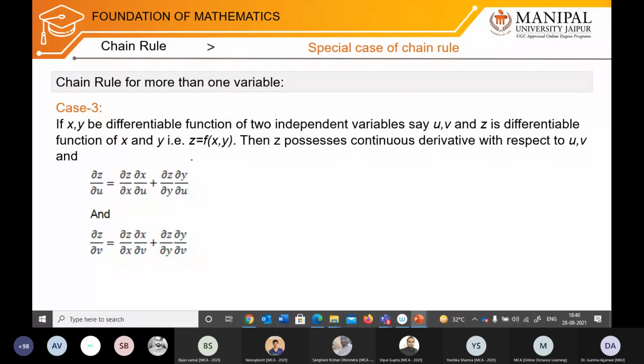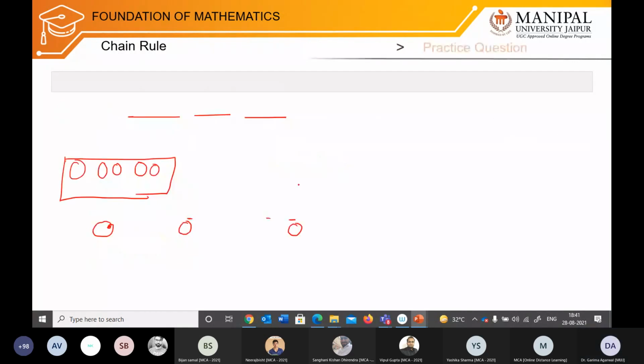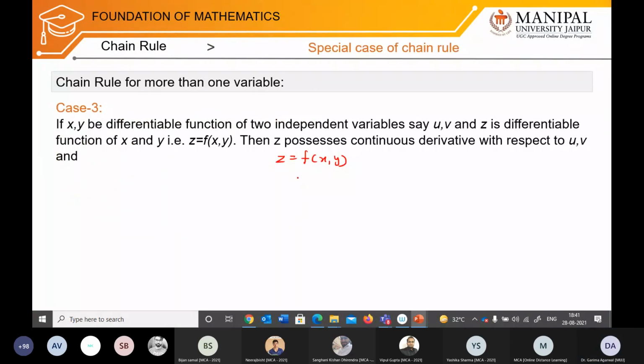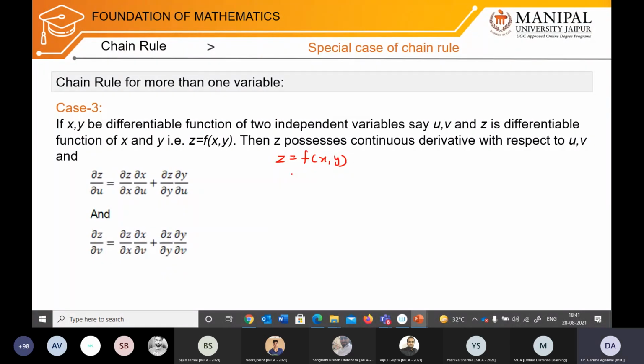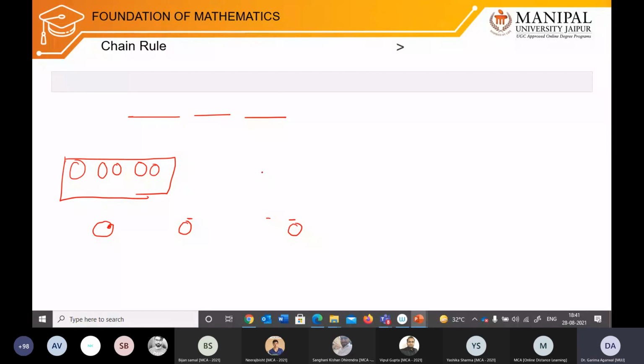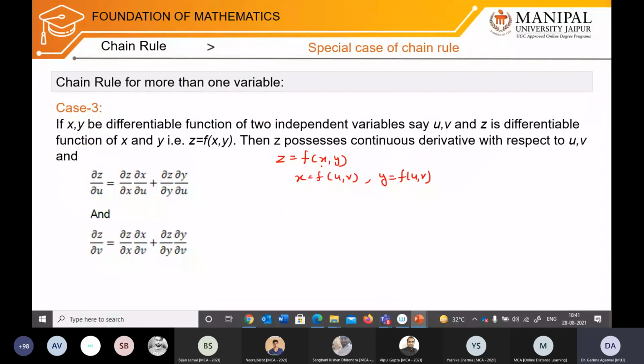So here what we have, z is a function of x and y, right? Then x is a function of two variables, u and v. Similarly, y is a function of two variables, u and v, right? Z is a function of more than one variable, that means partial differentiation of z can be done.